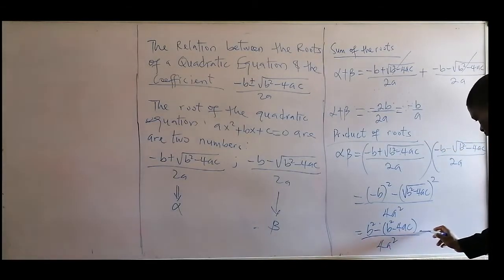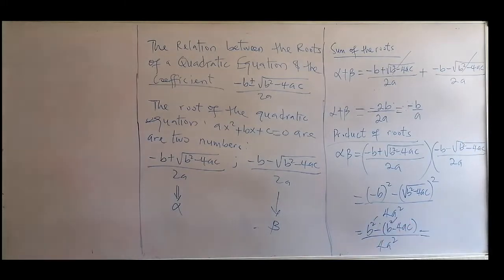Open the bracket, b squared goes, then we have 4ac over 4a squared. The 4 cancels, an a cancels, that remains c over a.